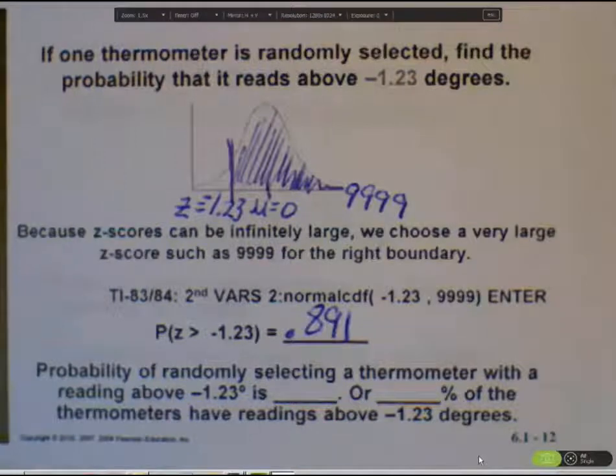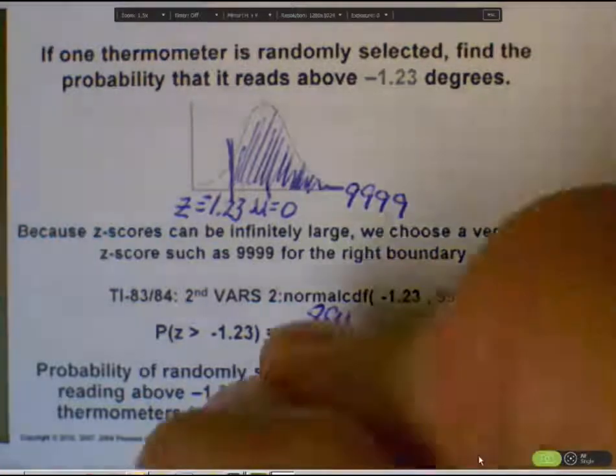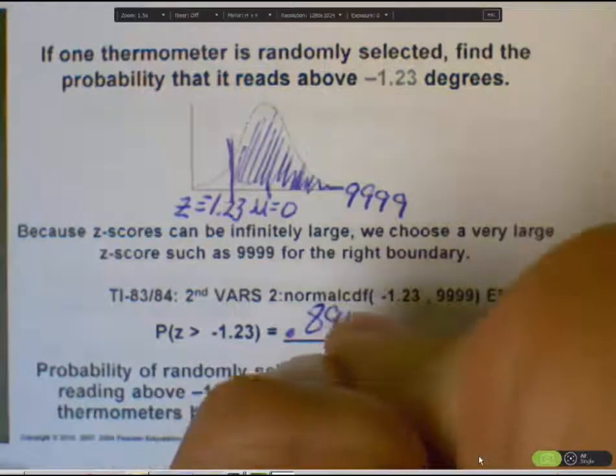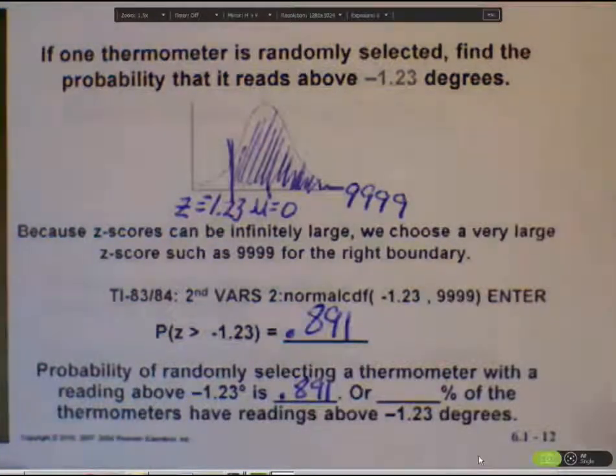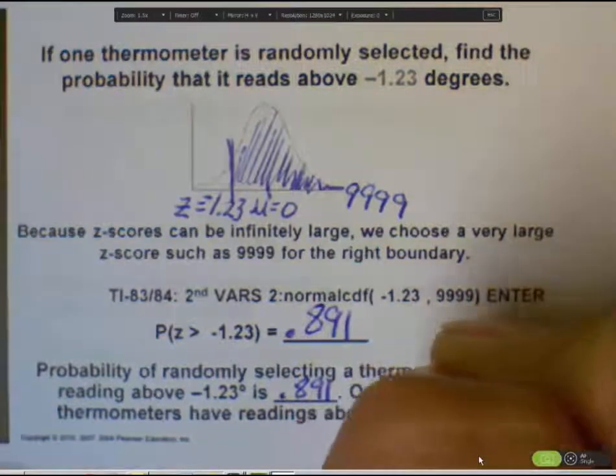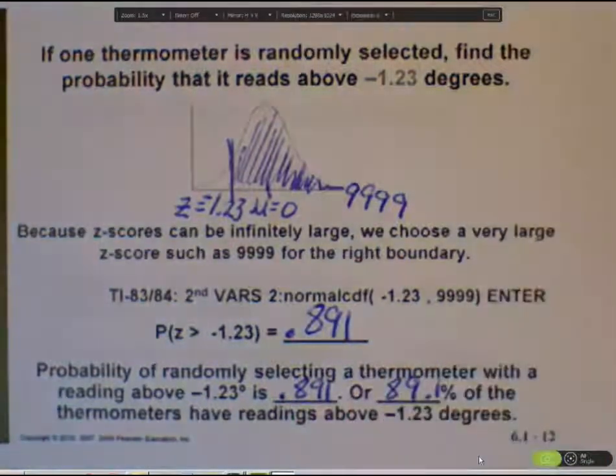That means the probability of randomly selecting a thermometer with a reading above negative 1.23 is 0.891, or about 89.1% of thermometers will have a reading above negative 1.23.